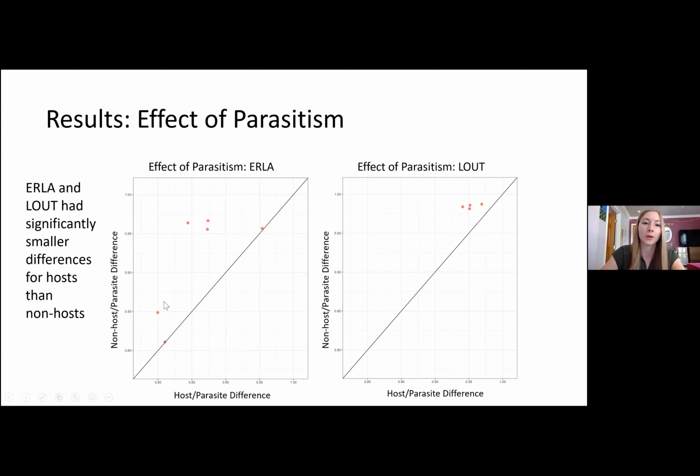But for the other 4 trios, they fall quite far off the line, which indicates that there is a fairly strong effect of parasitism that might be driving similarities between the hosts and the parasite bacterial OTU compositions. For Lout, notice that all of the data points fall off the 1-by-1 line, but they don't fall off quite as far as the Urla points. So that was just interesting to note.